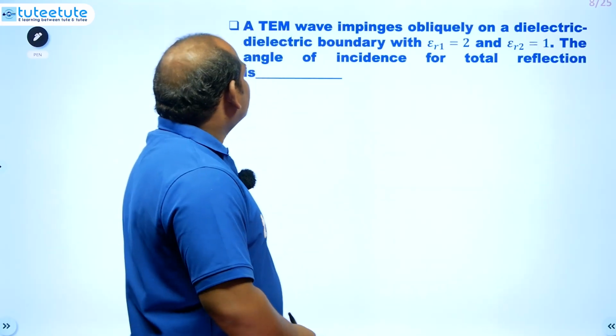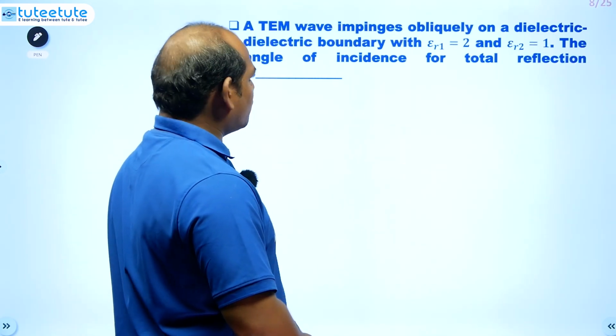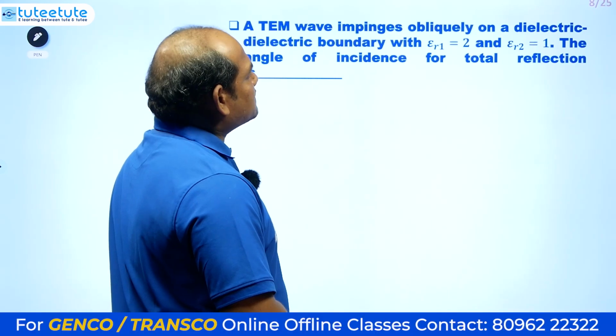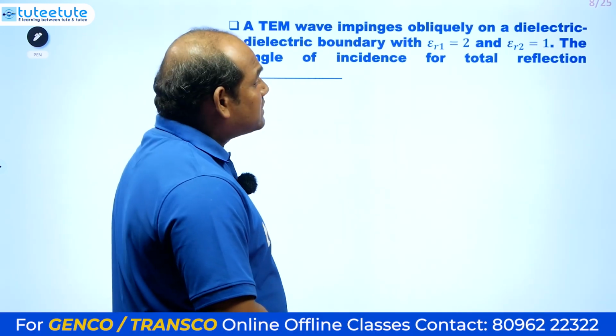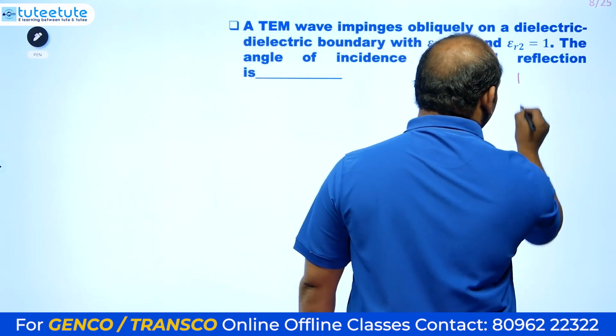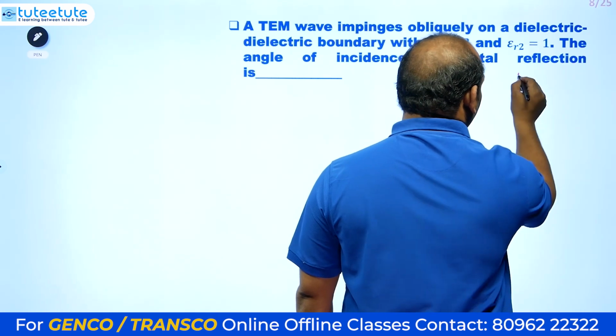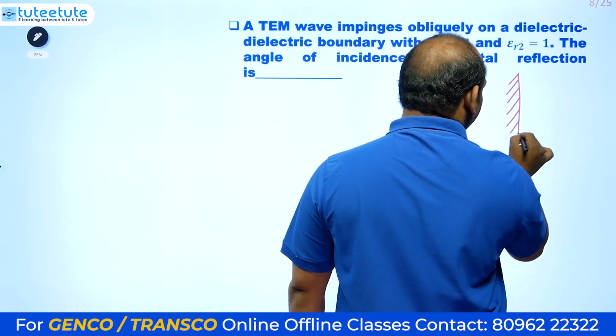Now the next question is, a TEM wave impinges obliquely on a dielectric boundary with epsilon r1 equal to 2 and epsilon r2 equal to 1. So it is related to an interface, that means media separation.